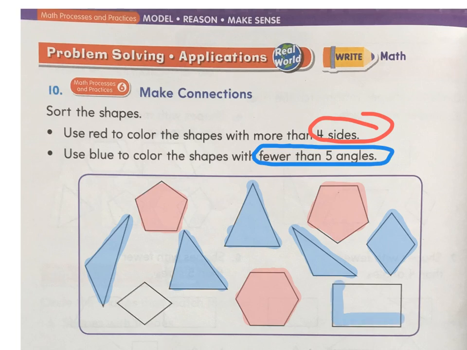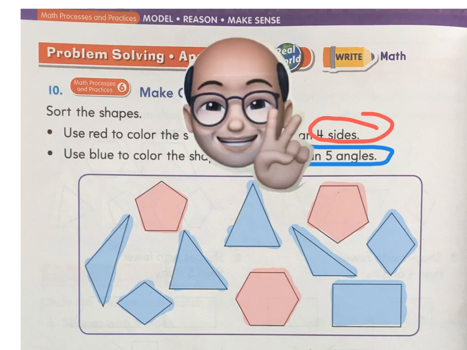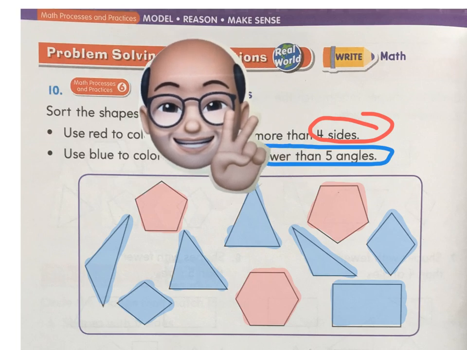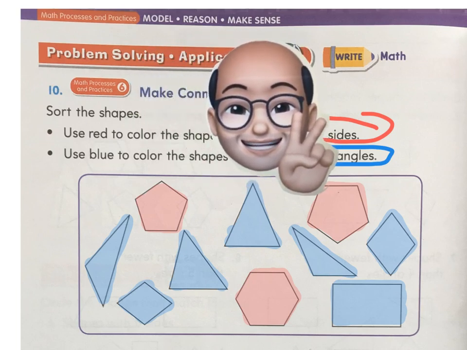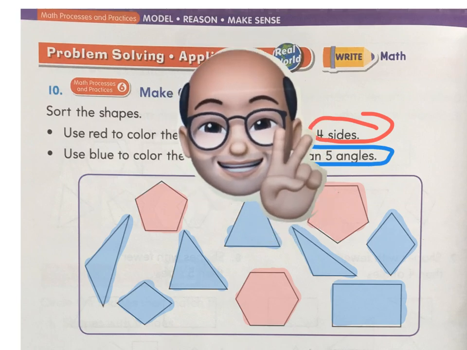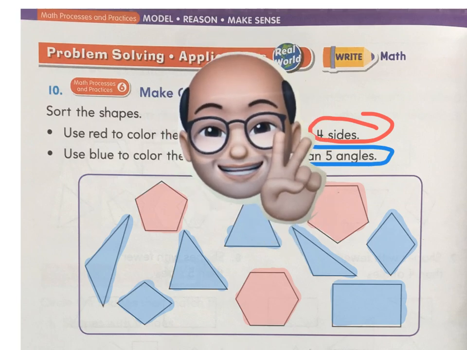Rectangle, fewer than 5 angles. And a rhombus, fewer than 5 angles. Does your work match my work? I hope it does. All right, now let's go down and check out the next problem.